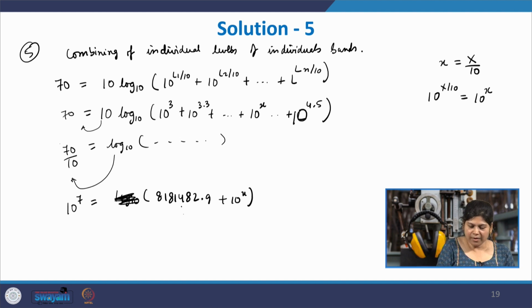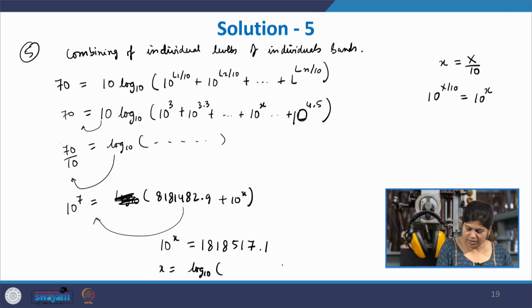When you now move it to the other end, what you will ultimately get when you solve it is 10 to the power 7 minus this big quantity here. So, 10 to the power x ultimately comes out to be this number when you calculate. So, x comes out to be log 10 of this number here.